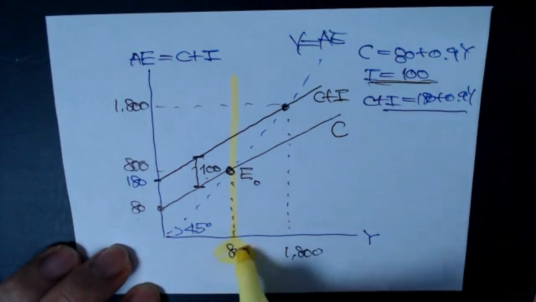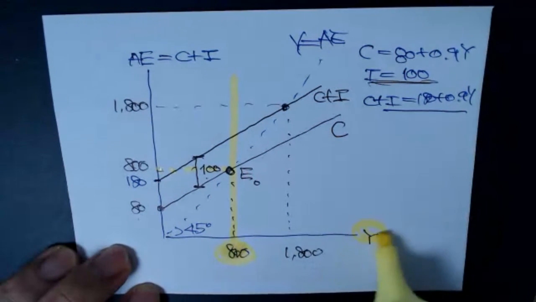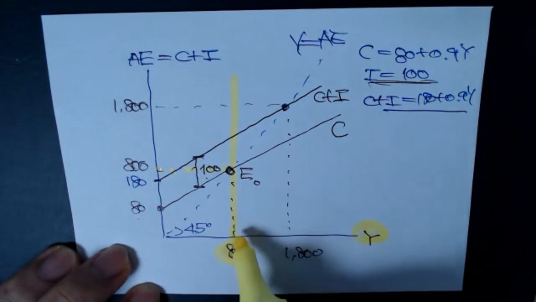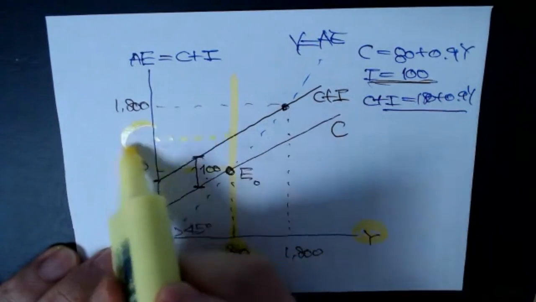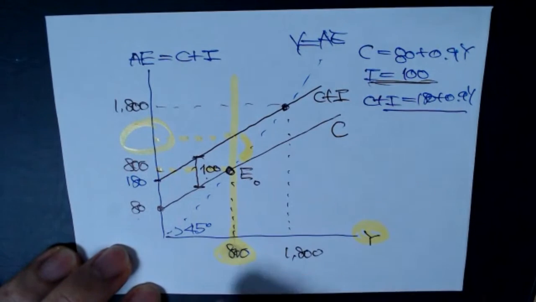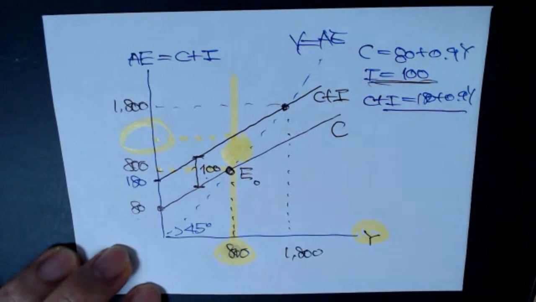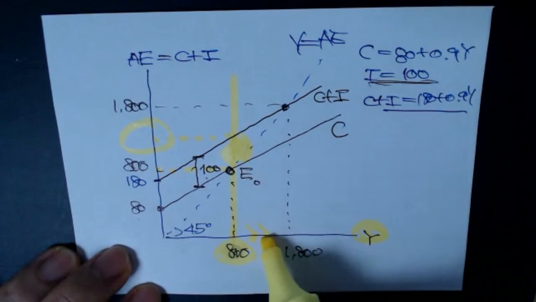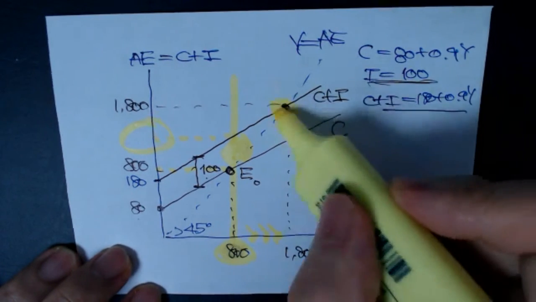Then output is 800 only, right? But what's the requirement from the aggregate expenditure is here, which is much higher than 800. So this amount of investment requirements cannot be satisfied. So this economy must increase output up to this point.